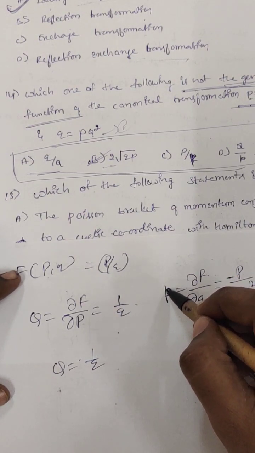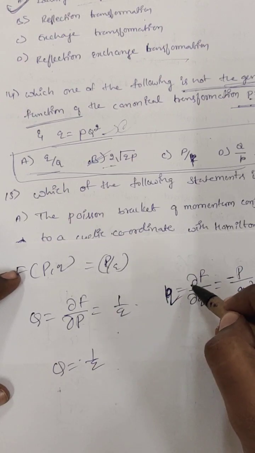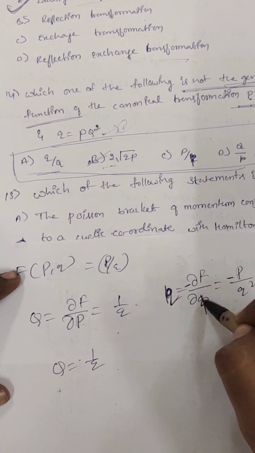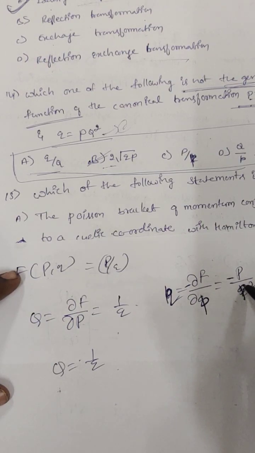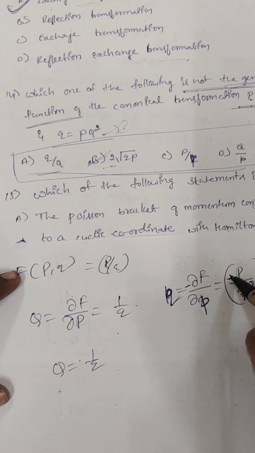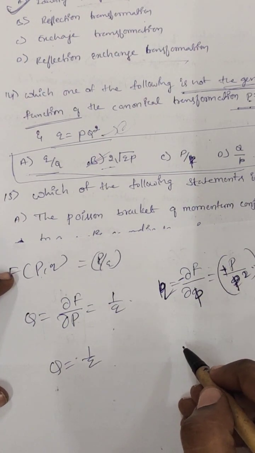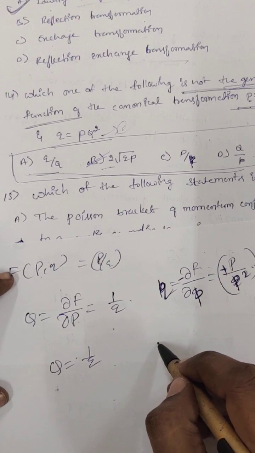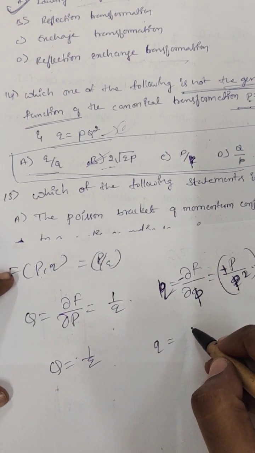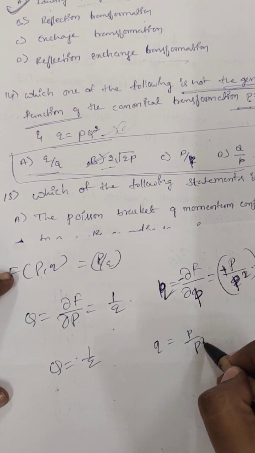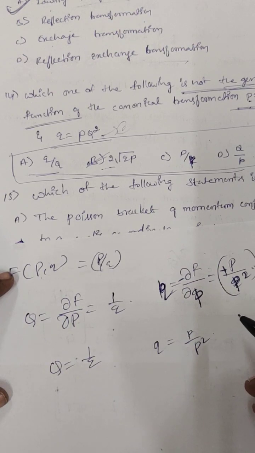Missing is small q is equal to minus of dou f by dou p, so p by p square, so minus into minus plus, so q is equal to p by p square, right?